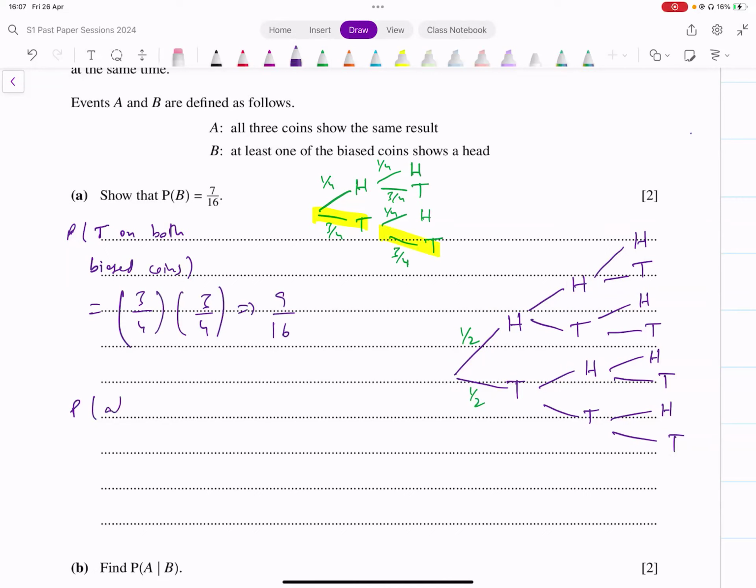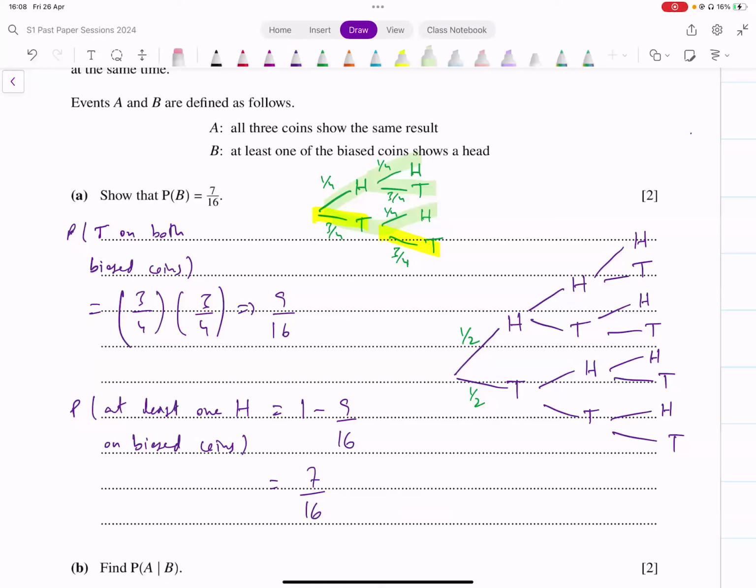Probability of there being at least one H on biased coins, what would that be then? 1 minus 9 over 16, that is 7 out of 16. Okay, this is one way of doing this. You could also just find this directly. You could say HH, HT, TH. Find the probabilities of all of them and then add them up together.